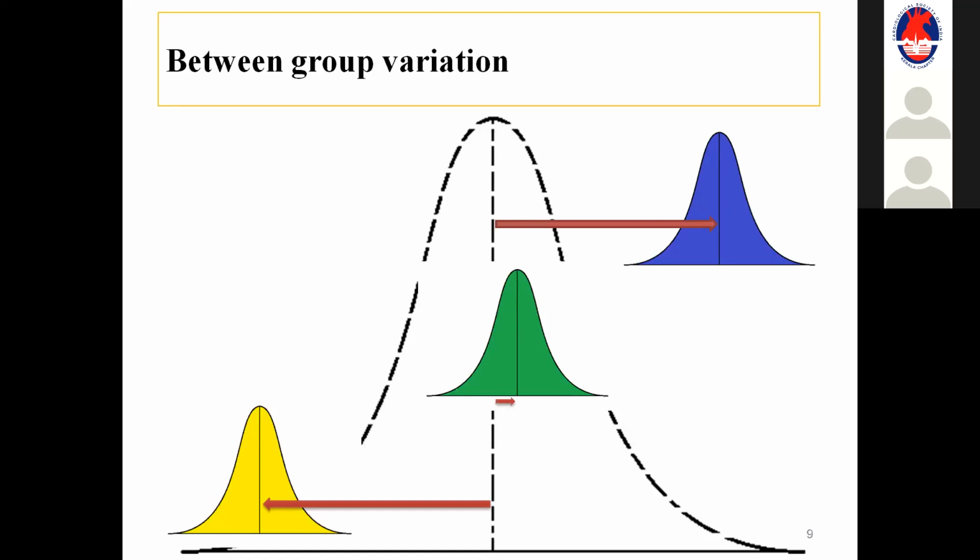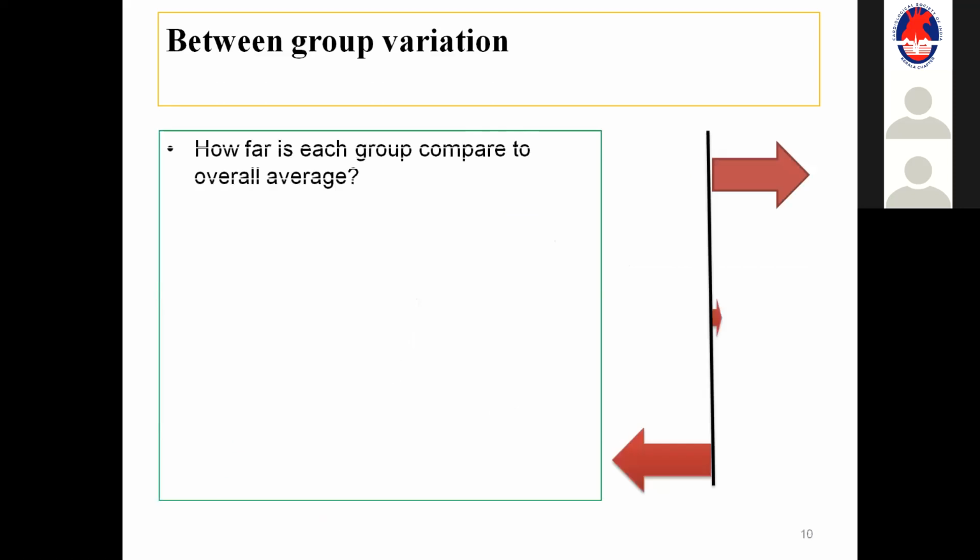This type of variation, the variation of individual group means from an overall average, like the overall assumed population, is called the between group variation. Between group variation is represented by how far each group is compared to the overall average.